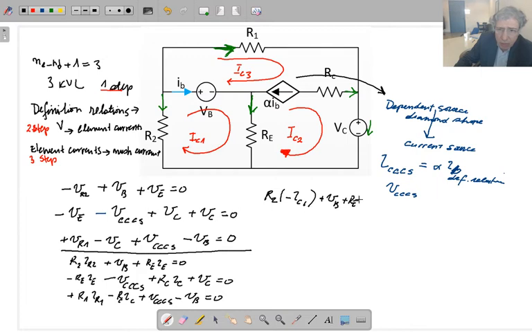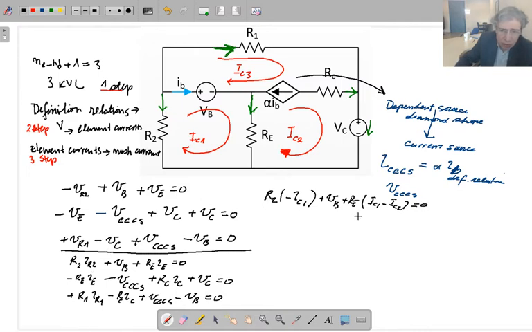RE times IE. Now this element has two mesh currents passing through it, so the direction of IC1 is the same as the element current reference, so it's going to be plus, and this one is the opposite, so it's going to be minus. So that means IC1 minus IC2 equal to 0.